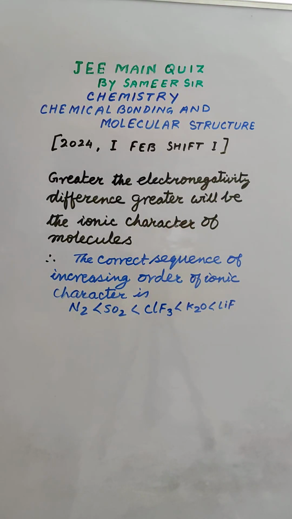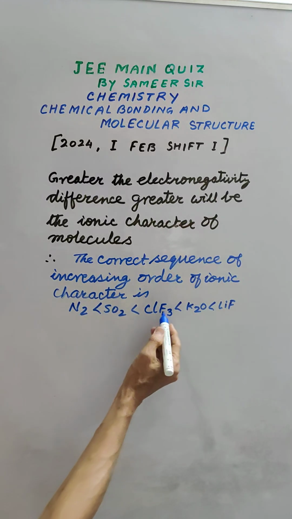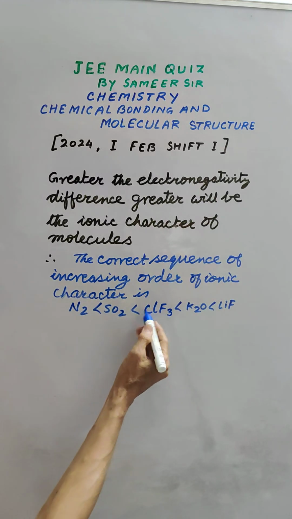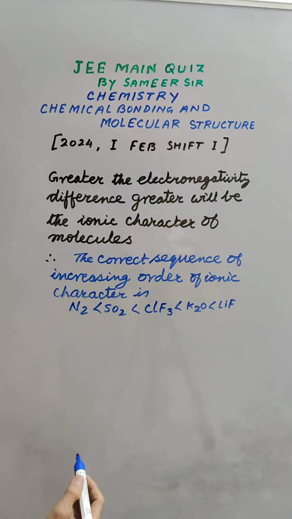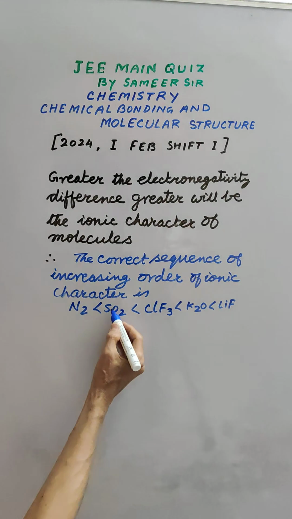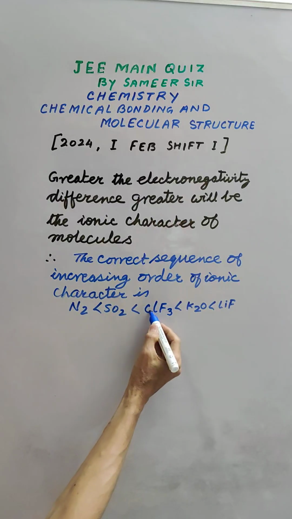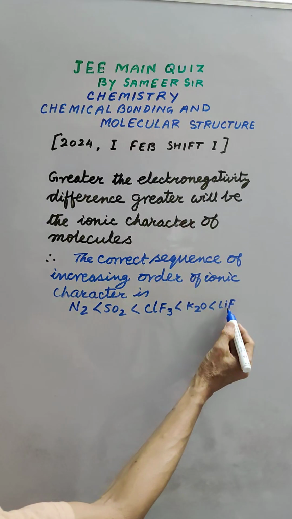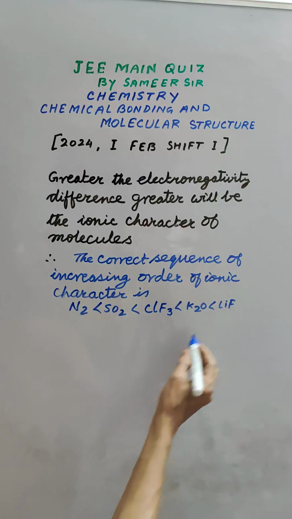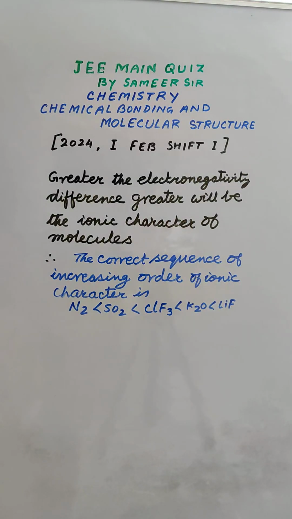This is the correct sequence of increasing order of ionic character: N2, SO2, ClF3, K2O, and the highest is LiF, lithium fluoride.